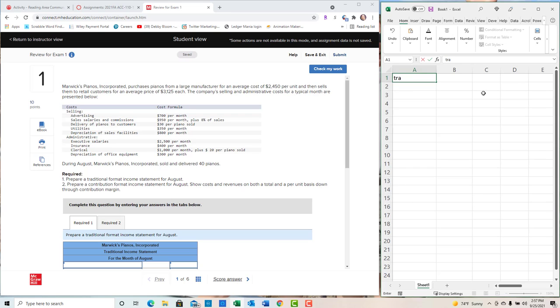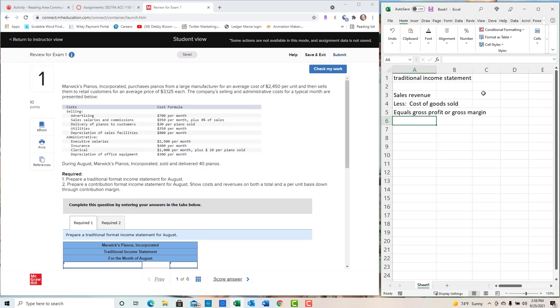So for a traditional income statement, we start off with our sales or our sales revenue. Then we subtract cost of goods sold to come down to gross profit, sometimes called gross margin.